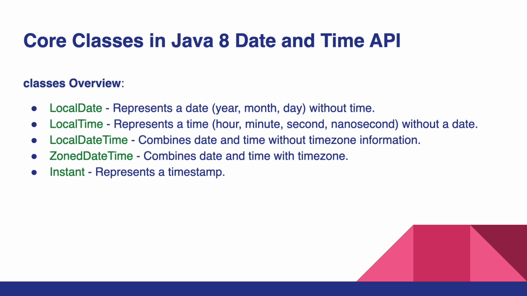The core classes in the Java 8 date and time API offer a robust foundation for managing date and time. Let's take a closer look. LocalDate represents a date without time. It's perfect for scenarios where only the date matters, such as birthdays or anniversaries.